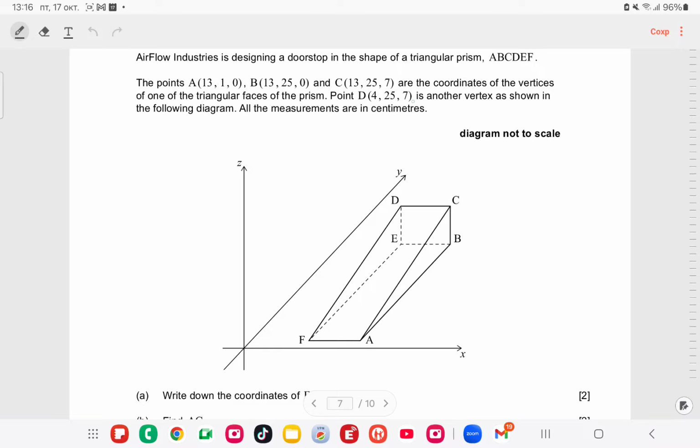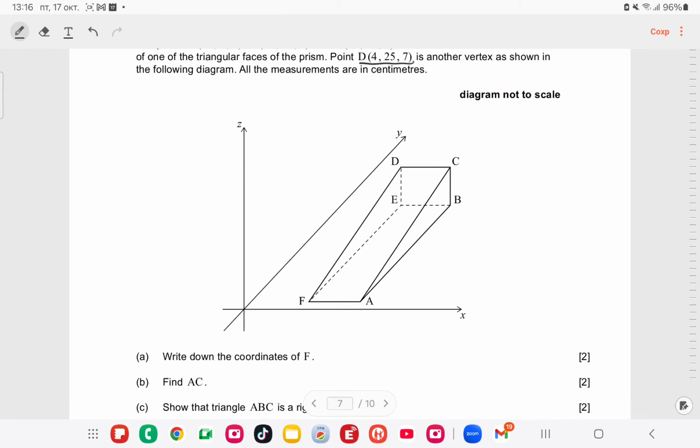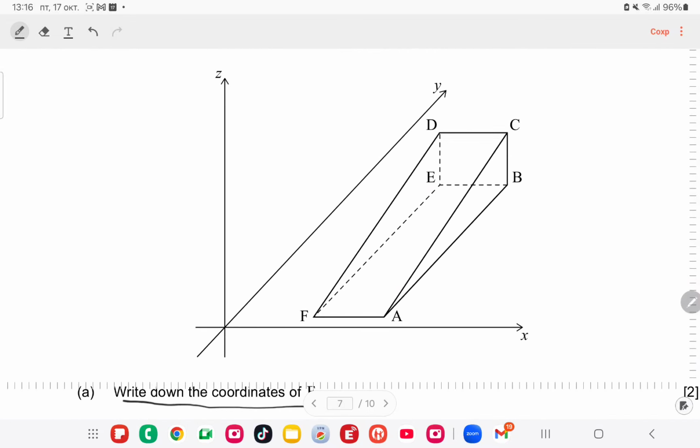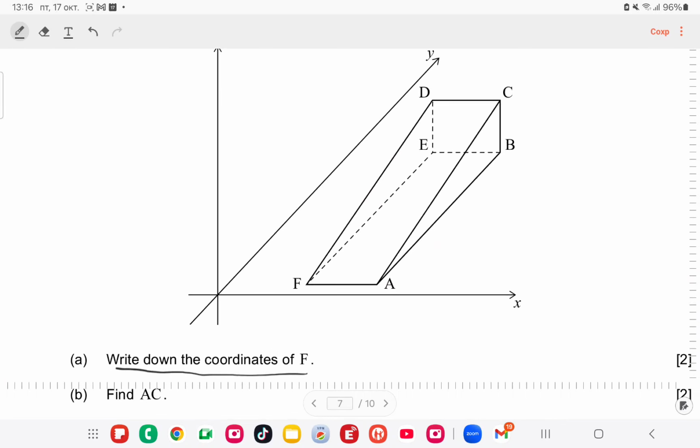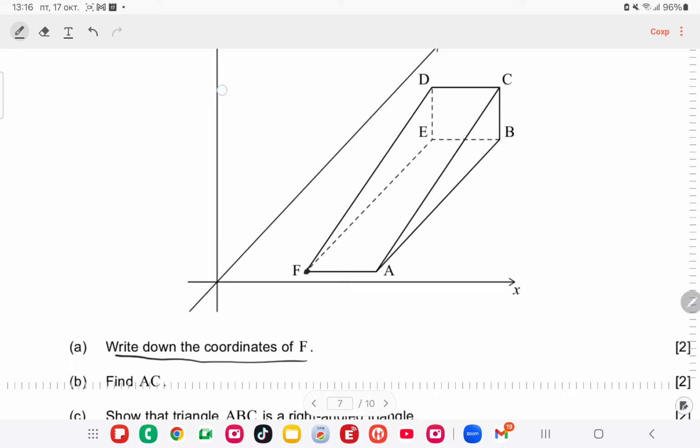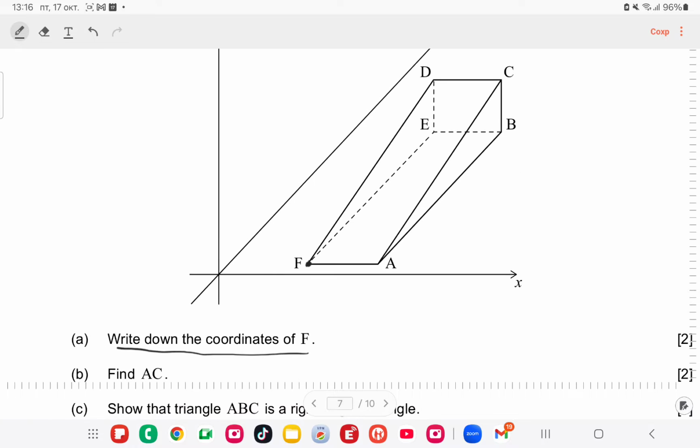D is also given, and we have to find the coordinates of F. If we look at this three-dimensional shape, you will see that F has the same y and z coordinates as point A. Okay, so that's how we will get the coordinates of F.